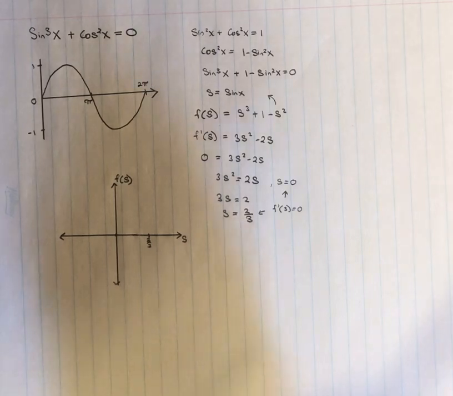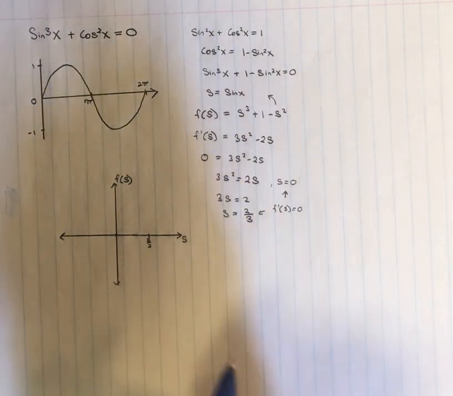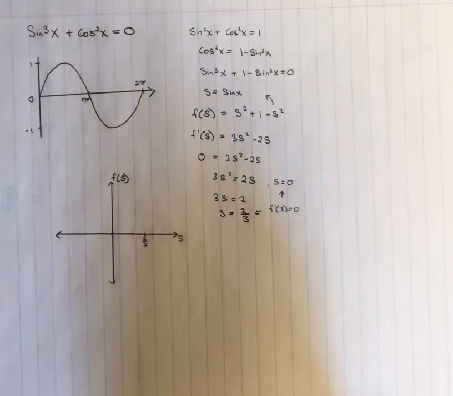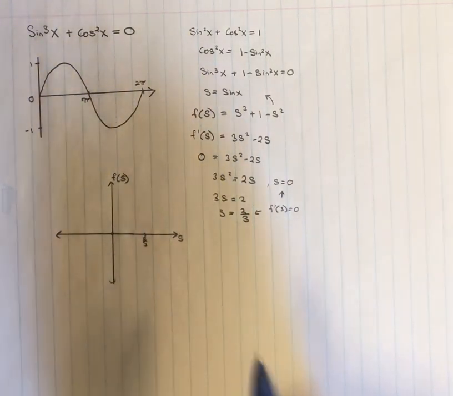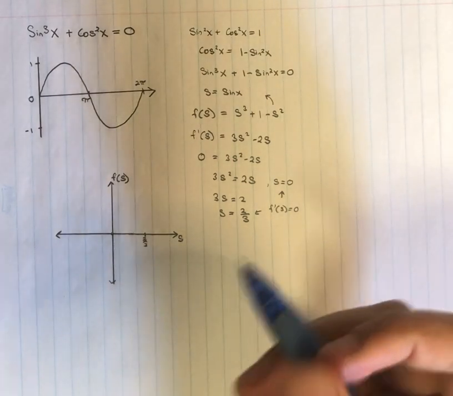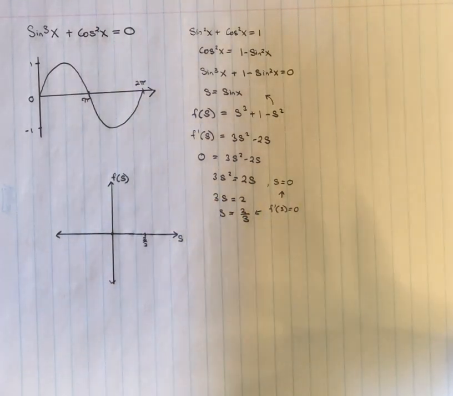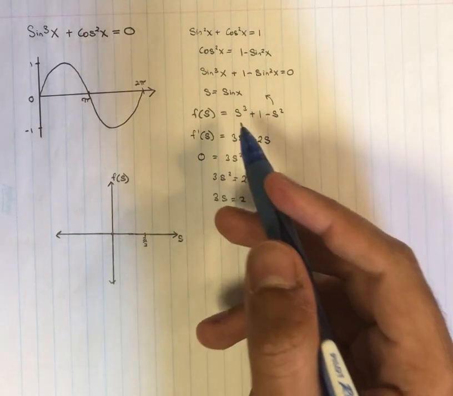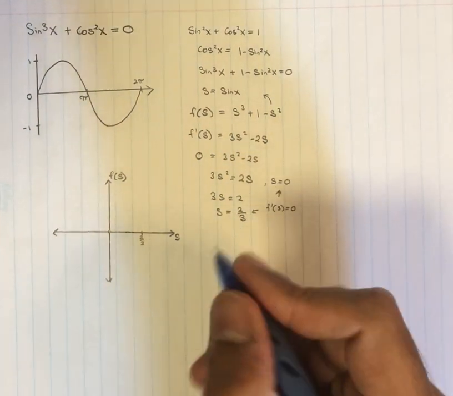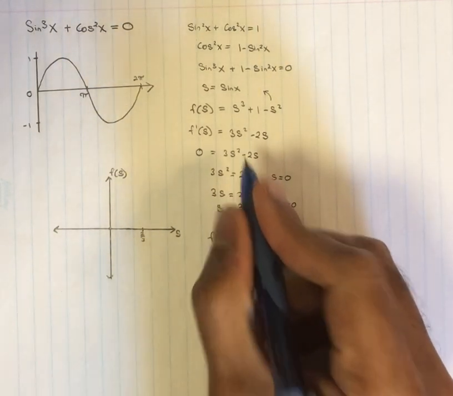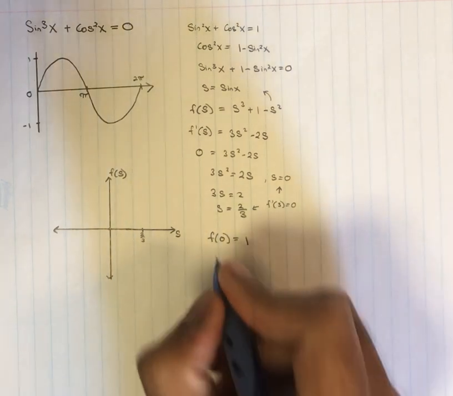I want to figure out what the behavior is to the right of this and also to the left of this. So I'm just going to plug in some arbitrary values into f of s to figure out what the graph's doing. I'm going to choose values that are easy for me, something like -1, 1, and 0. So f of 0 is equal to just 1.